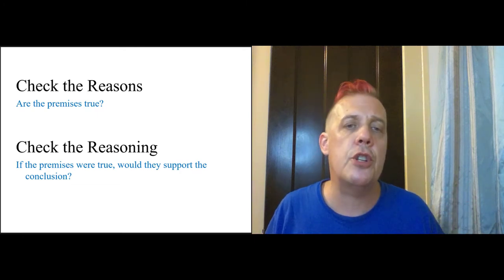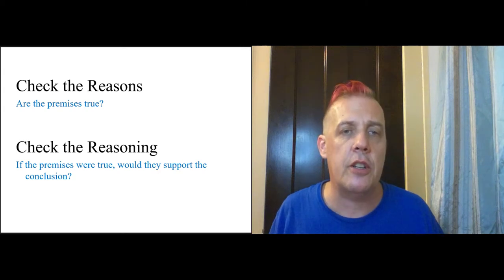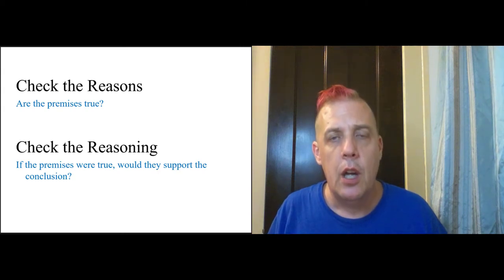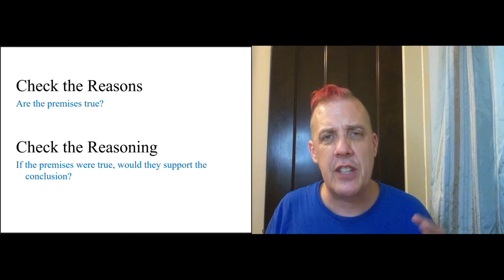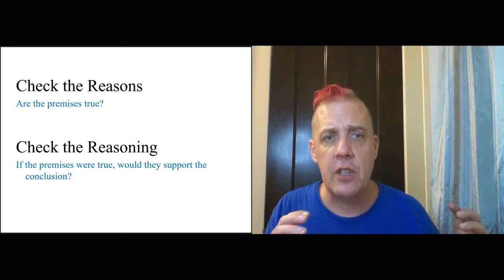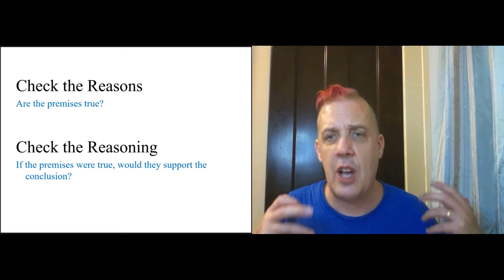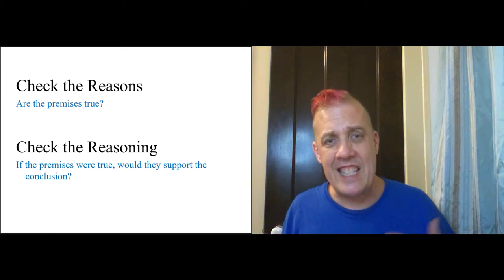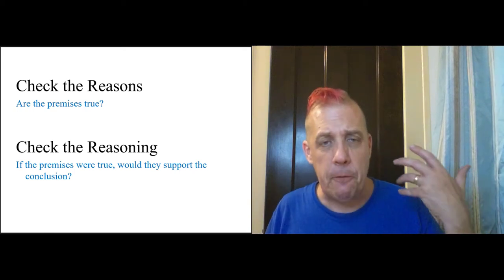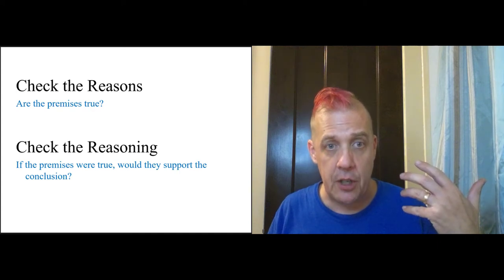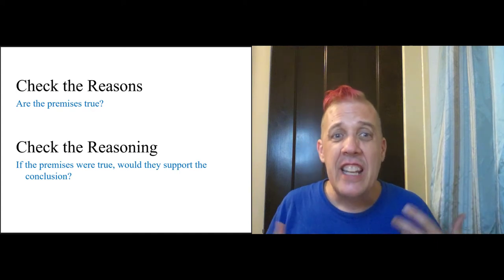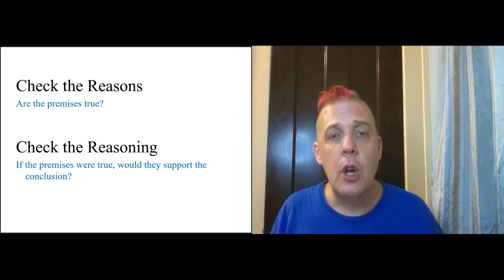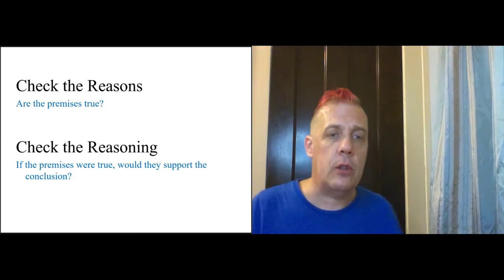This is because there are 2 separate ways an argument can go wrong. An argument could be wrong because its premises are false. So you check the reasons and it turns out the reasons aren't true. You can also check the reasoning, the thing that takes you from the premises to the conclusion. You ask, if the premises were true, would they support the conclusion?